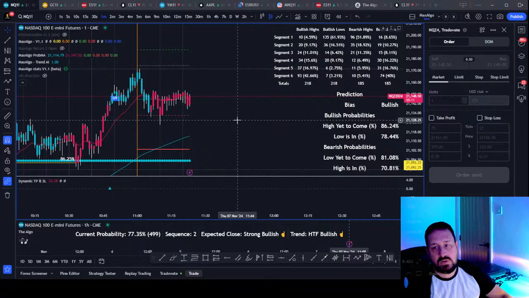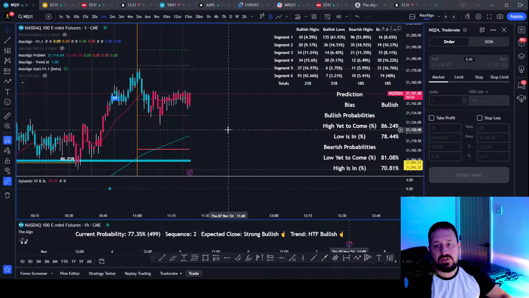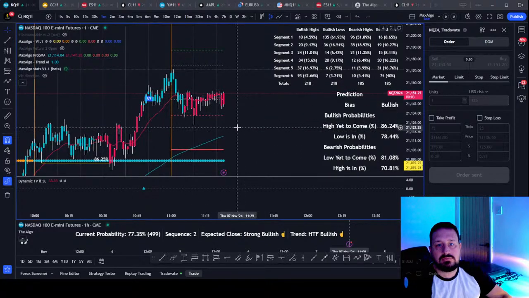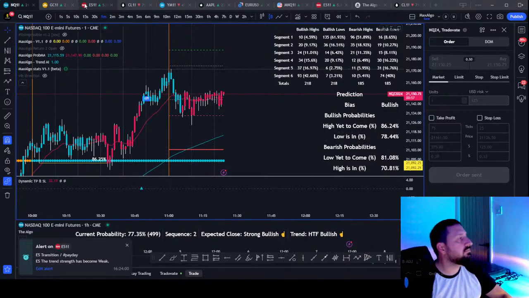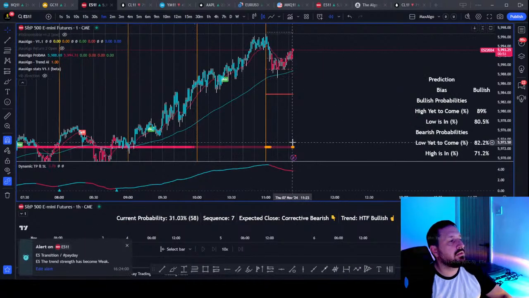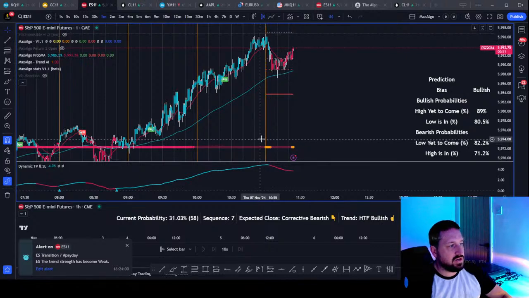If we take the signal, then I'll go again. No more trading for me until it is fully confirmed. Yes. Weakening of the trend. We still haven't transitioned on ES. We're still in that weak trend.